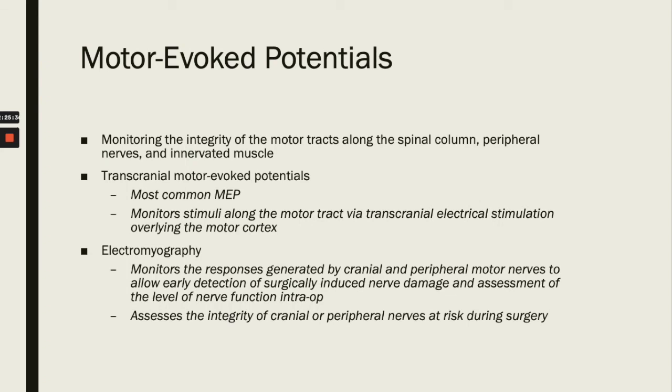Now, electromyography monitors the responses generated by cranial and peripheral motor nerves to allow early detection of surgically induced nerve damage and assessment of the level of nerve function intra-op.